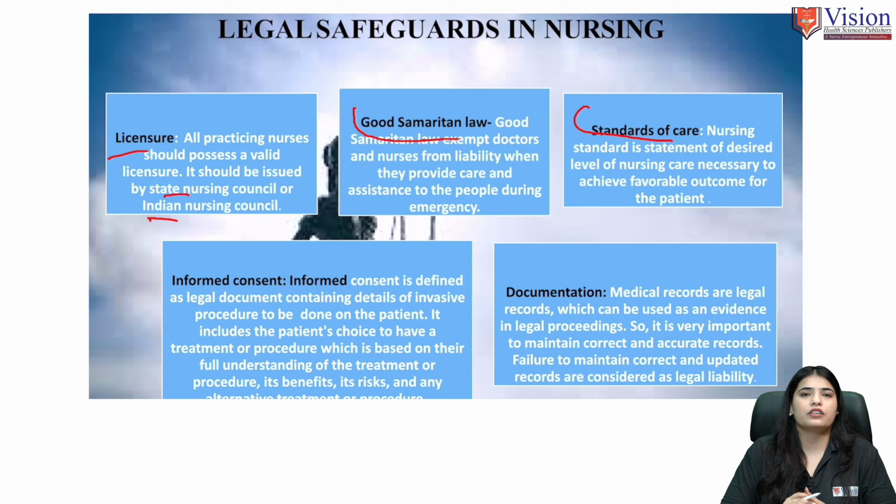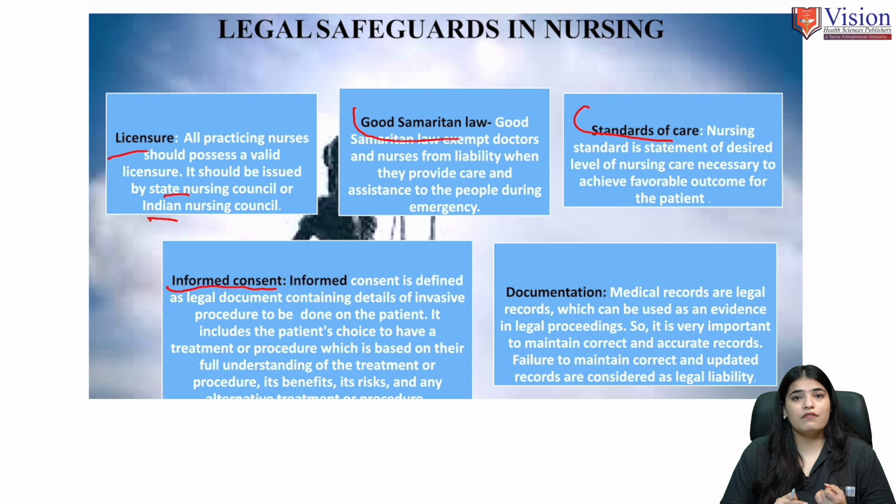Next is standard of care. Obviously, standard of care is a legal safeguard for a person. If the nurses are functioning within the standards of care, it will provide them a favorable outcome. Next is informed consent. Informed consent is a great thing to protect nurses, doctors and healthcare providers in cases of legal issues.